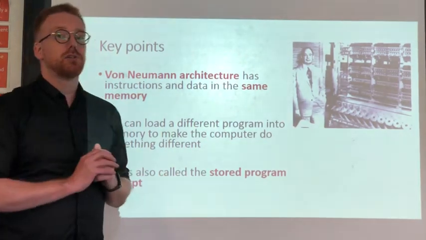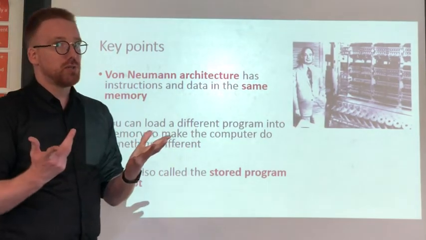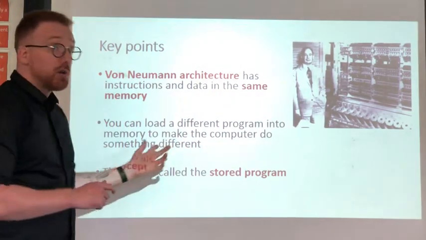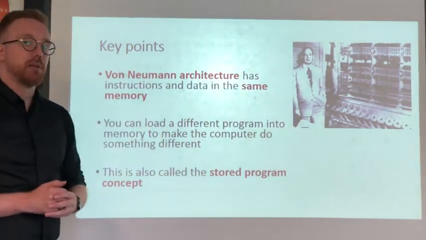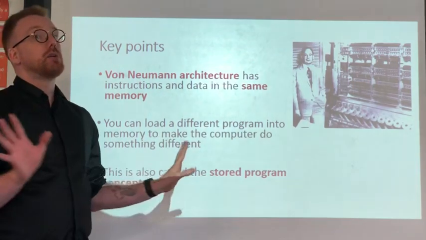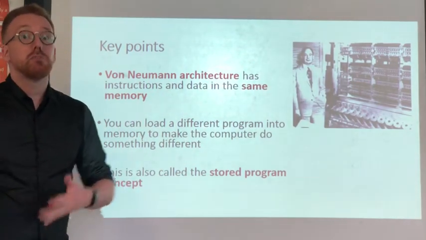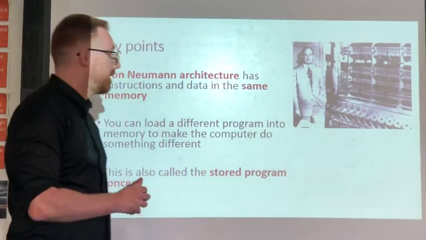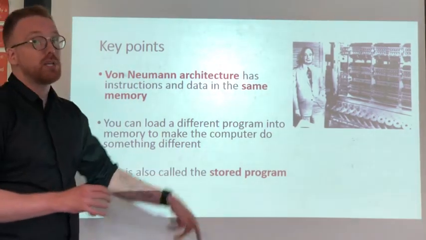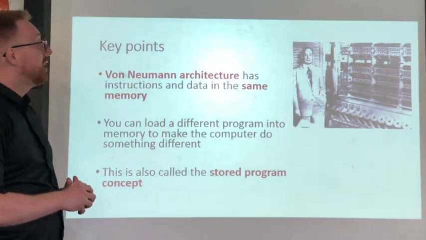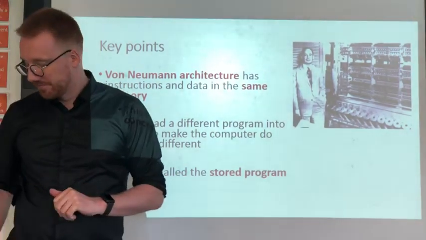You want your computer to be a word processor, you load your word processing program. You want your computer to be a spreadsheet, you load your spreadsheet program into main memory. You want your computer to be a video games machine, you load a video games program into main memory. This idea that you can change the program in main memory to turn your computer into something different.